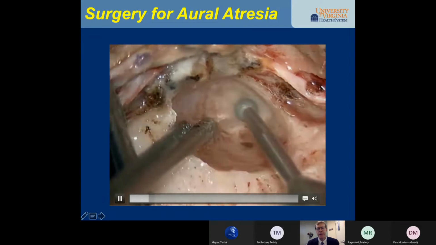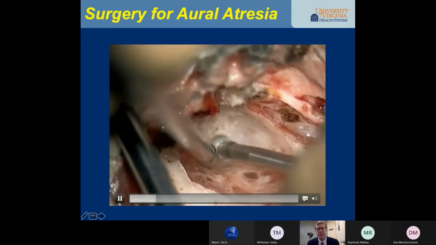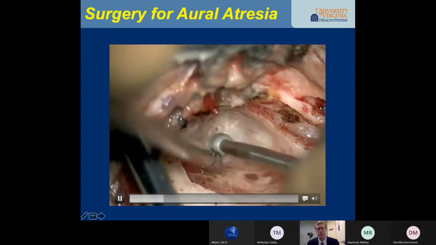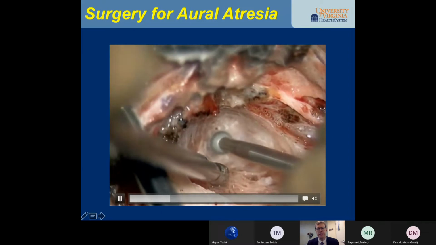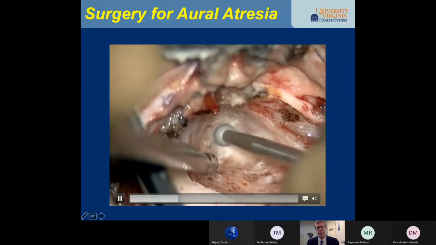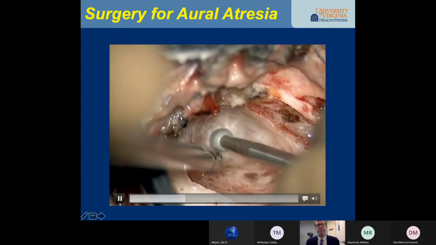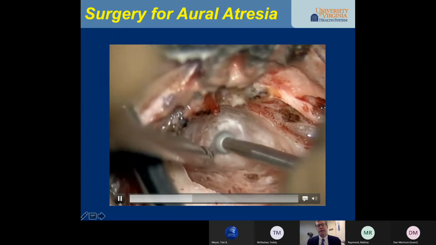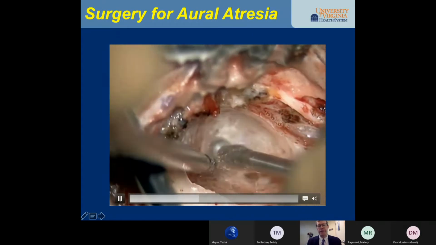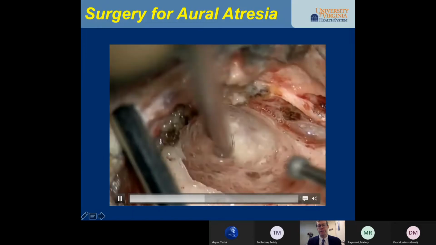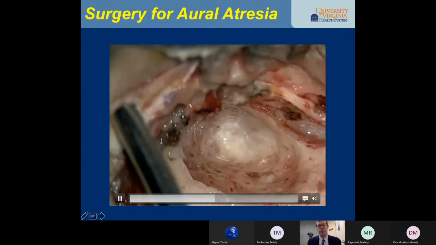And now I'm down along the atretic plate, and there are air cells here. So I'm drilling in those air cells, staying superiorly to get into the epitympanum. It's not often that the atretic plate goes all the way up to the tegmen. So there are usually air cells here that you can find and follow.